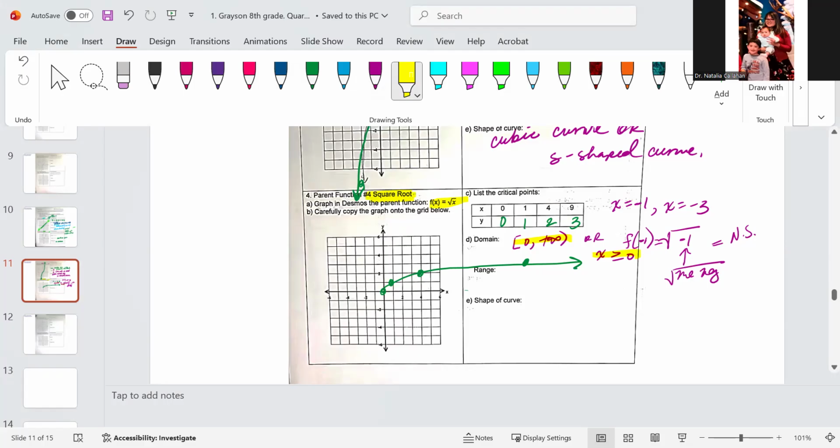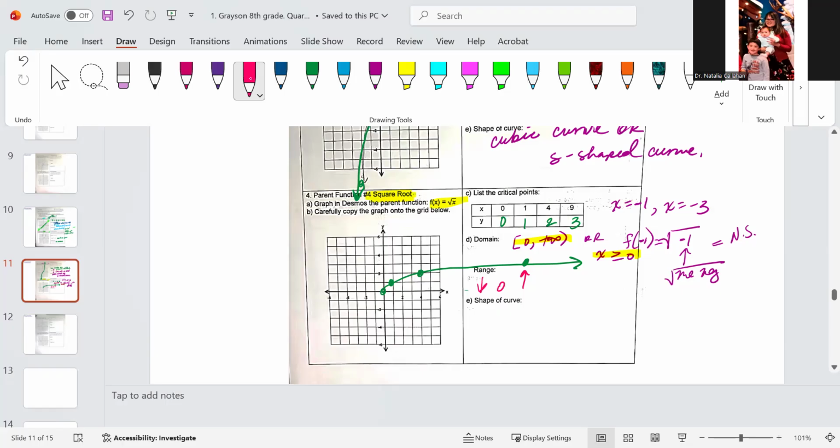Okay. Range. Range is going up and down. How far down does it go to? Well, it does go down. It's at 1. It's at 2. How far down does it go? 0. How far up does it go to? Three?